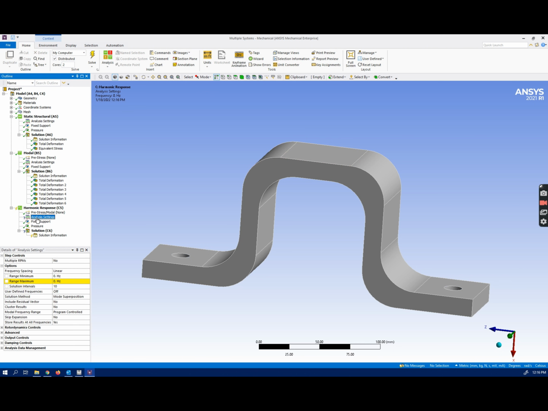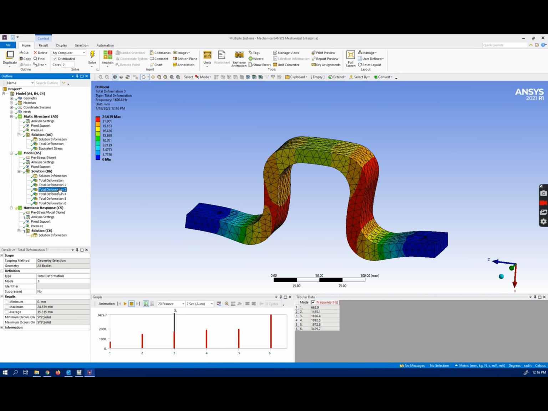Now I need to identify what frequency I'm looking to investigate. From the modal analysis, I found that the third natural frequency is the one I'm looking for, and it's important for me. So it's 1696. So I'm going to have a range which includes this one.